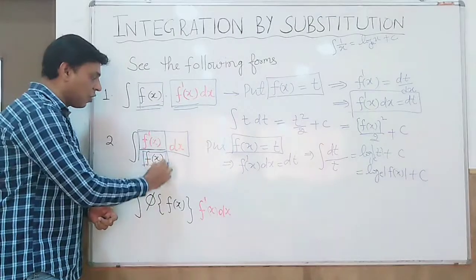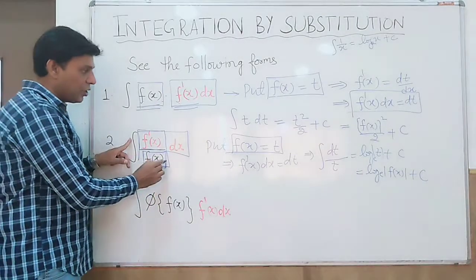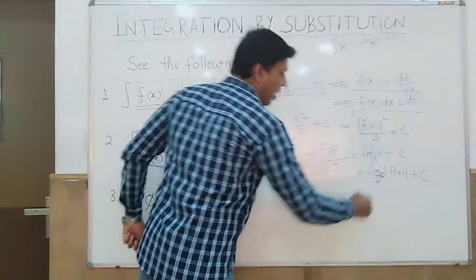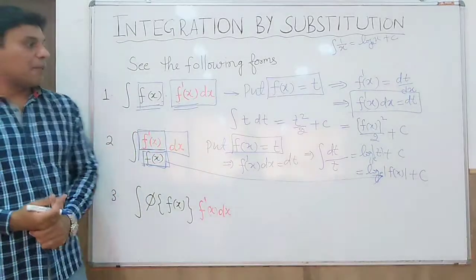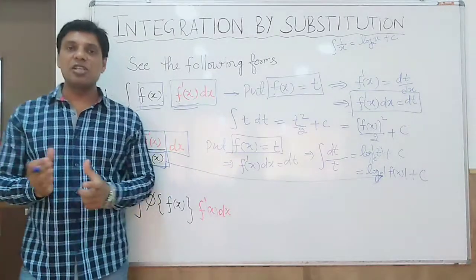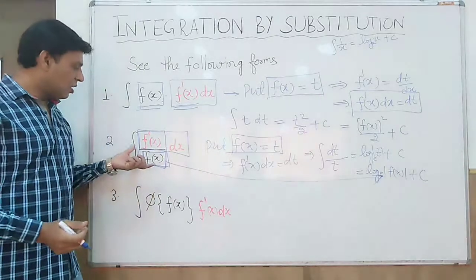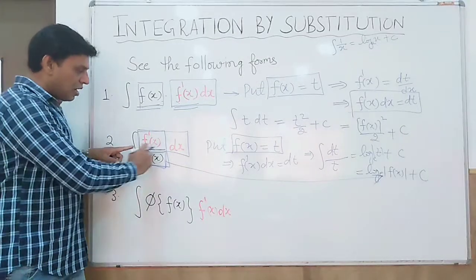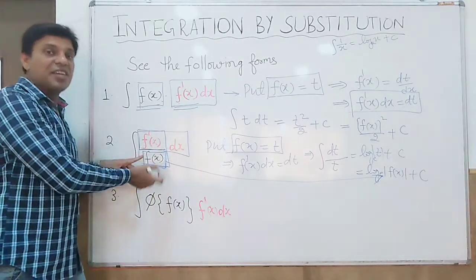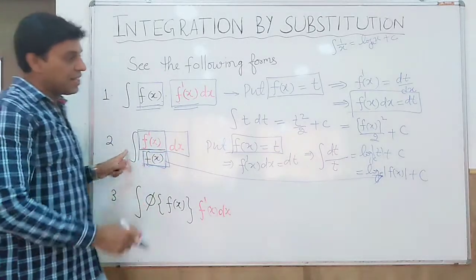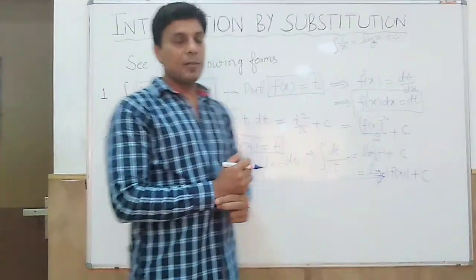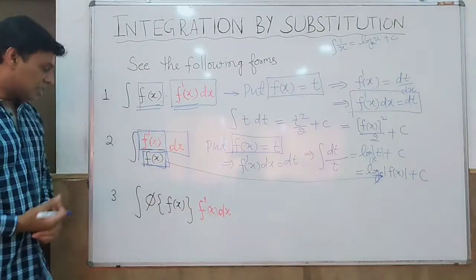So see this form carefully. So finally you will have the answer log f x. In some big questions we can apply this thing directly. How? Whenever you have a function in the denominator and its derivative in the numerator, then the answer will be log f x.